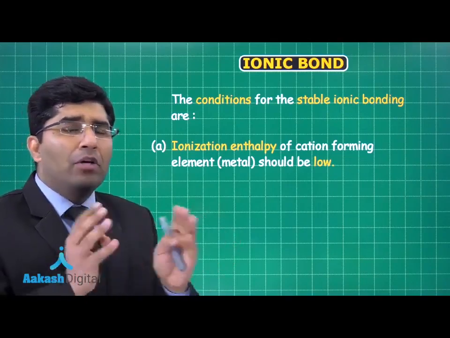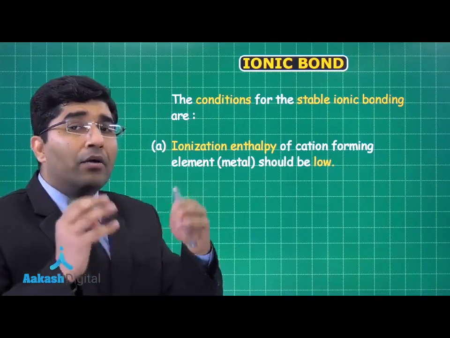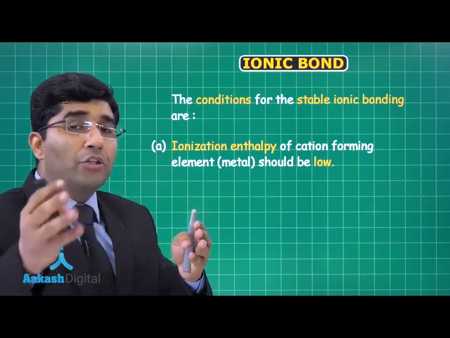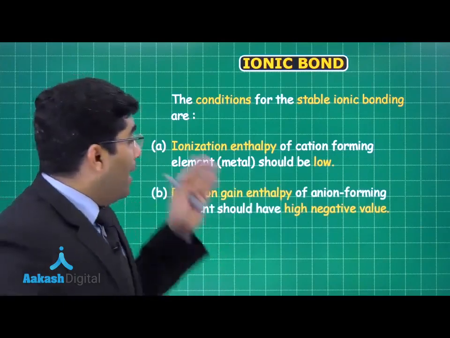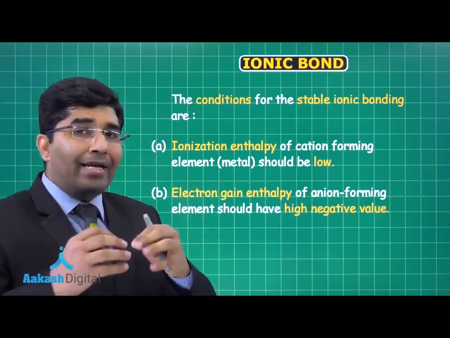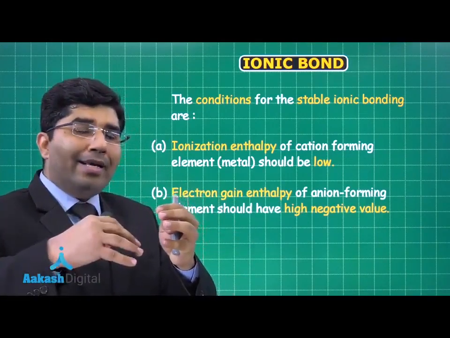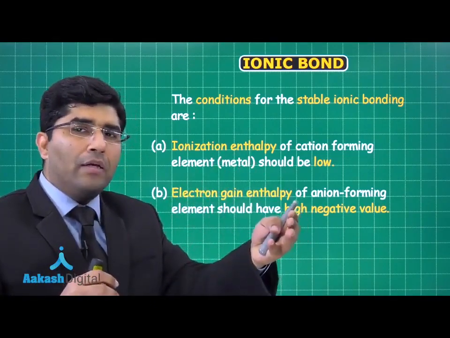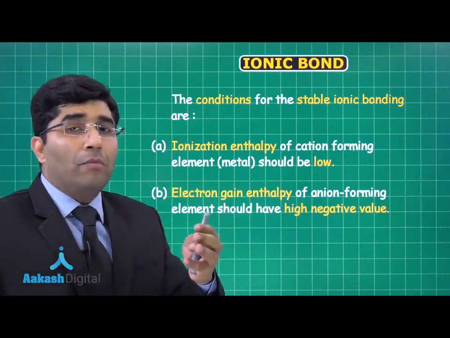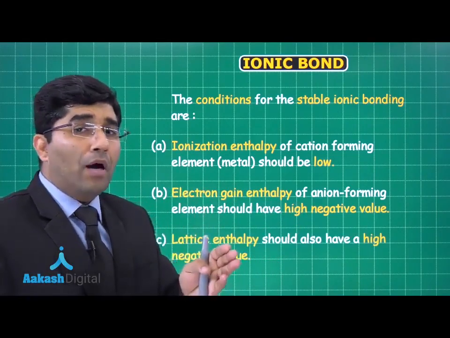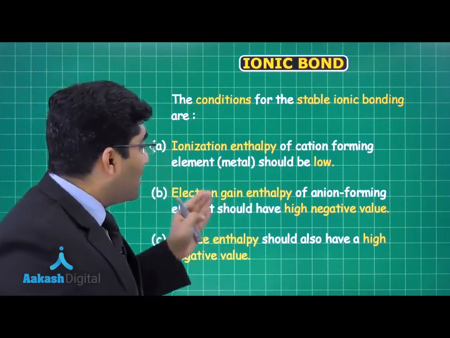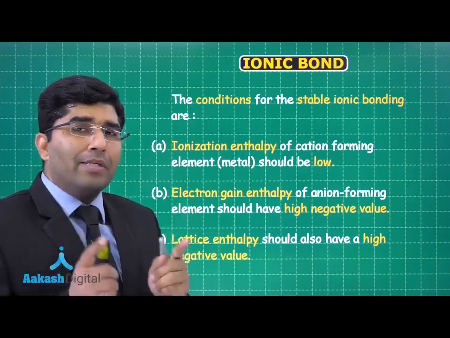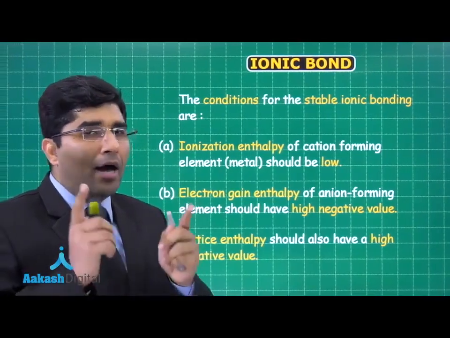It should be very reactive, so that we have to give very little energy to eject the electron from the valence shell, right? And the non-metal should be very reactive, so that it can accept the electron very easily, like oxygen, chlorine, fluorine. Then the ionic bond will become stable, and the lattice enthalpy should also be very, very high. So this is the condition for stable ionic bonding.